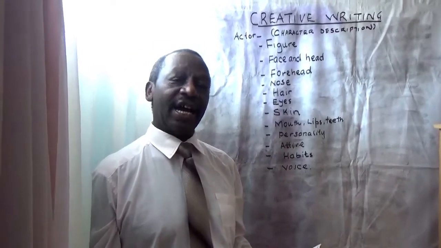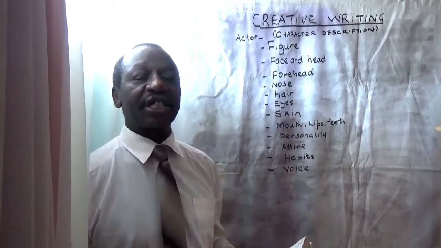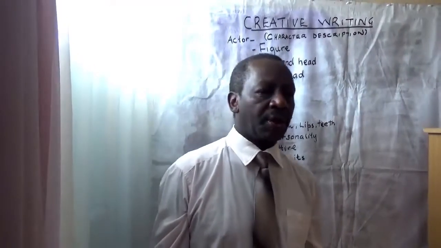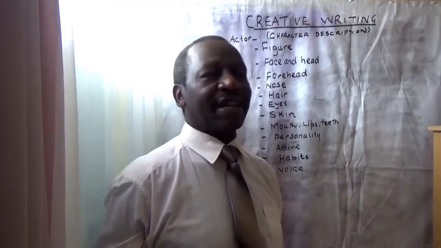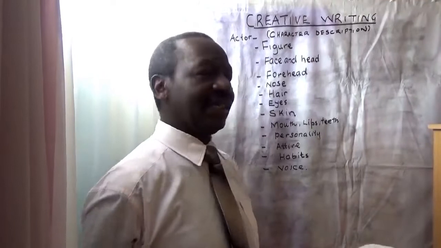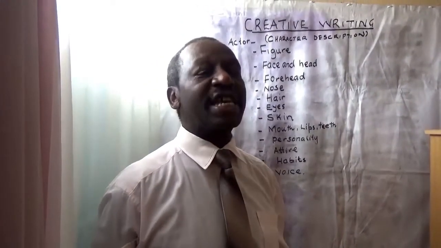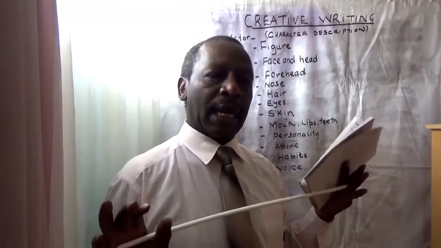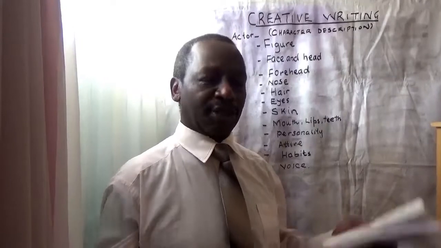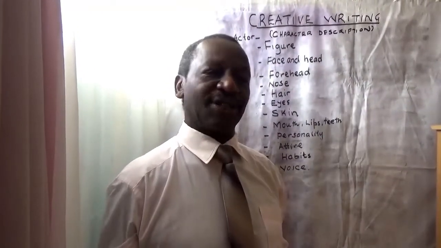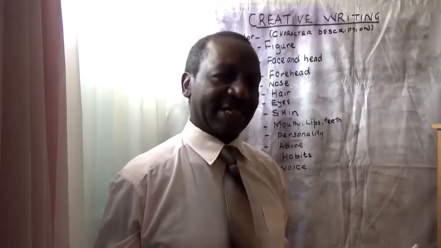Often I have seen pieces of writing by pupils who describe their major character as always "he." He, a person without a name, a person without a figure, a person without a face, a person without all the norms that go with the character.